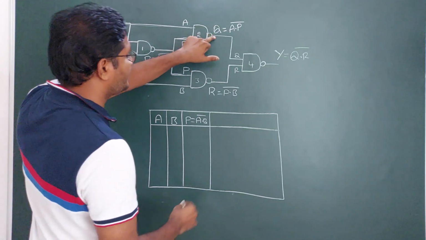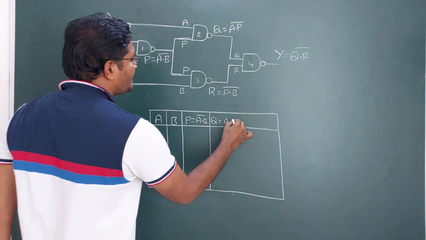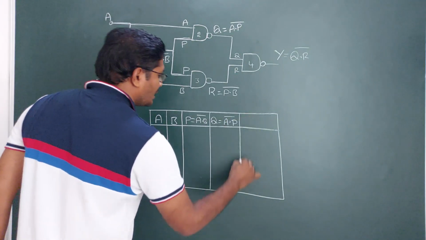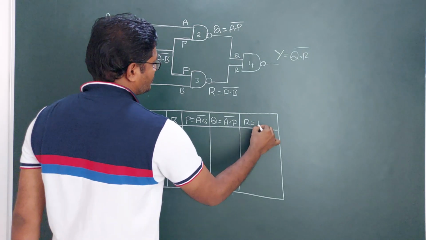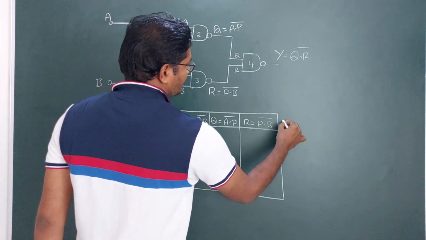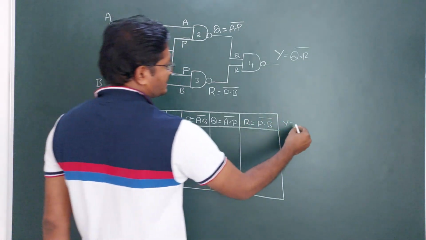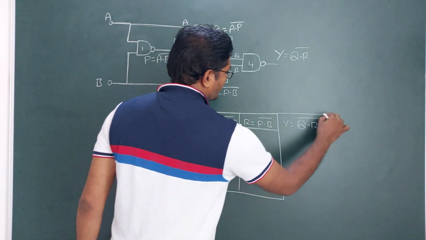Then you need to write Q, where Q is equal to A into P bar, and R, where R is equal to P into B bar. Finally you get the output Boolean expression Y equals Q into R whole bar.